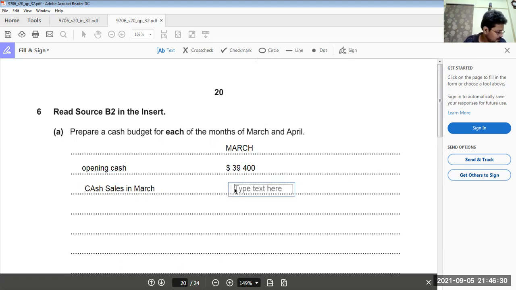Now, we will collect cash from sales in January. The sales in January were 24,000 multiplied by 75, 1,000 multiplied by 3 divided by 1,000, 86,000.